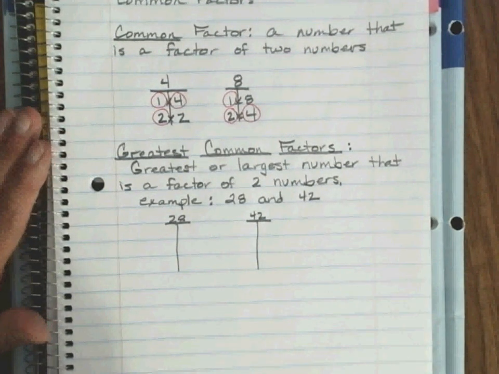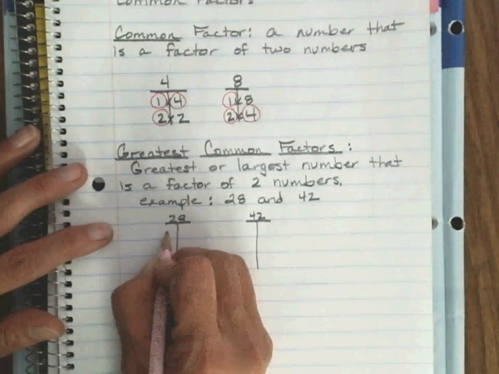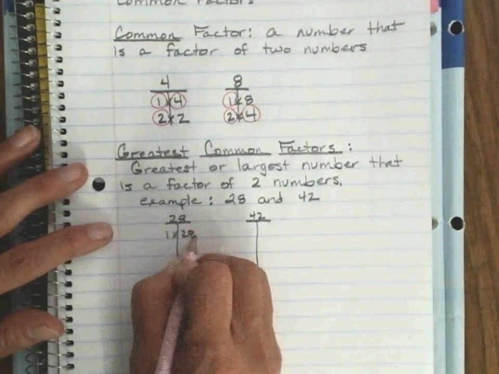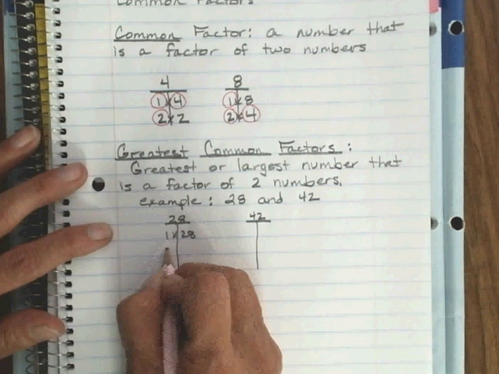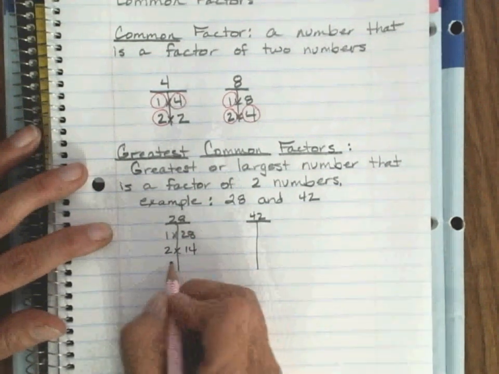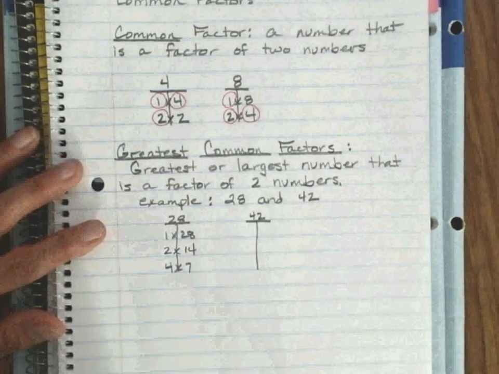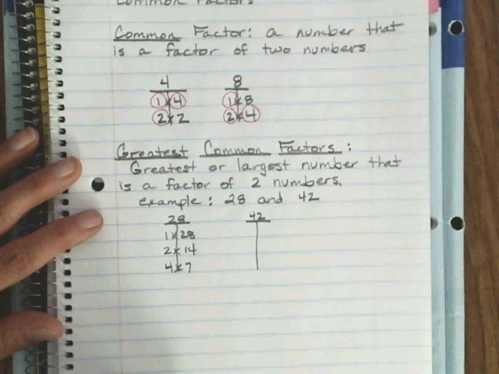Now this is pretty easy if we know our math facts. So we always start with 1. 1 times 28. 2 times 14. And 4 times 7. Those are all the factors of 28.